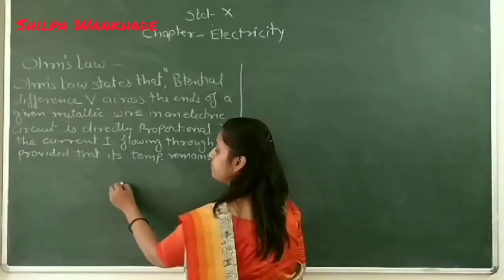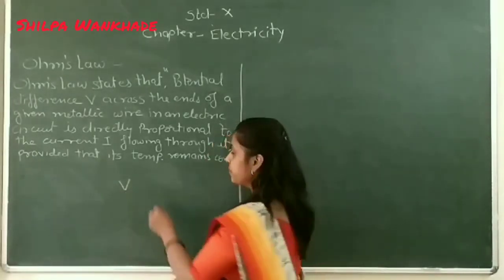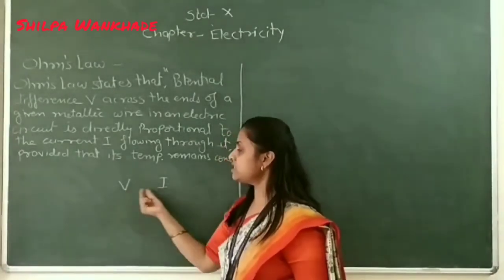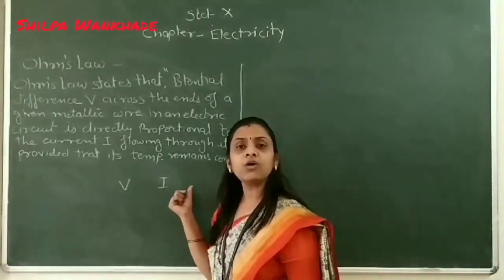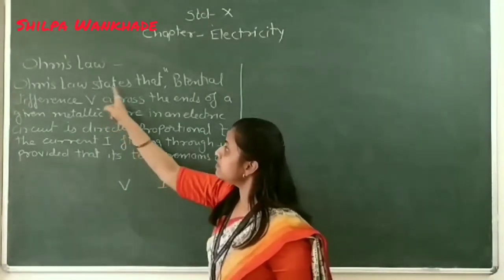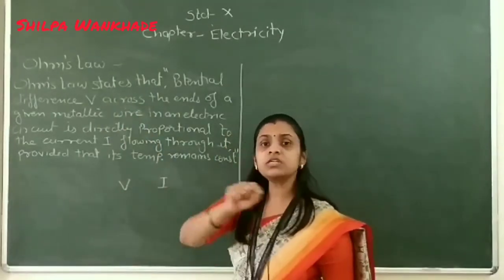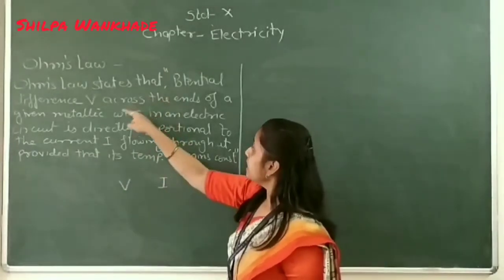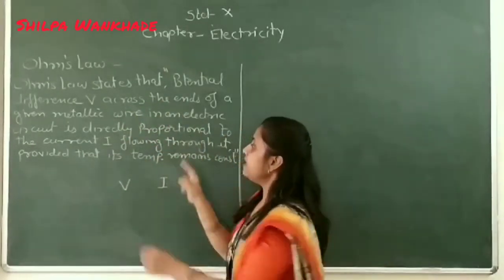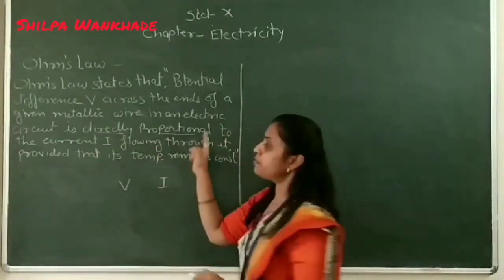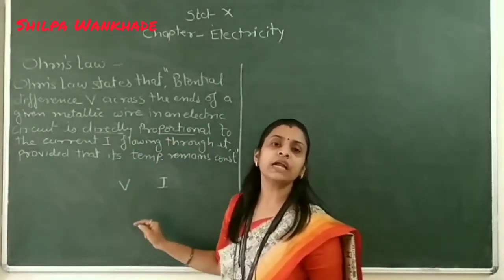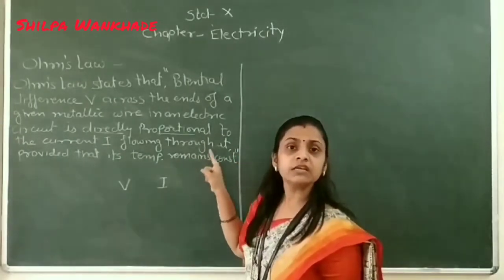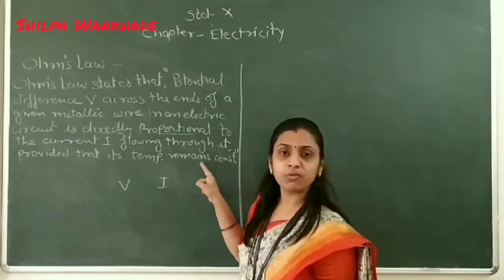The potential difference across the two ends of a conductor is V, and the current flowing through that conductor is I. So he gives the relationship between V and I. The potential difference V across the two ends of a conductor in a metallic wire is directly proportional to the current flowing through that conductor, provided that its temperature remains constant, meaning the temperature of the metallic wire remains constant.